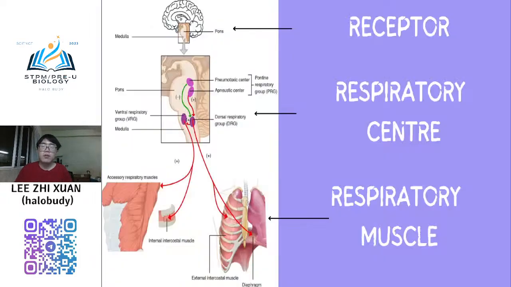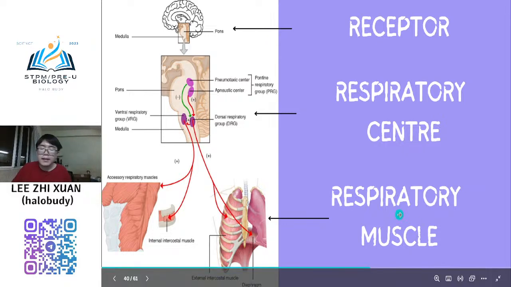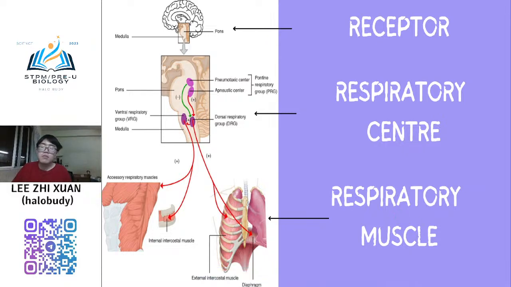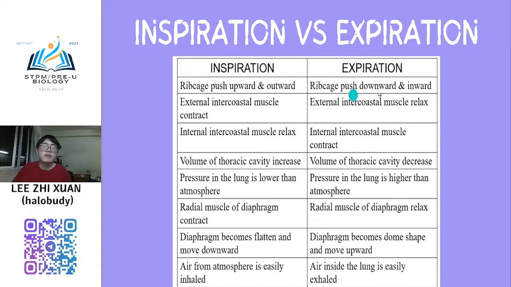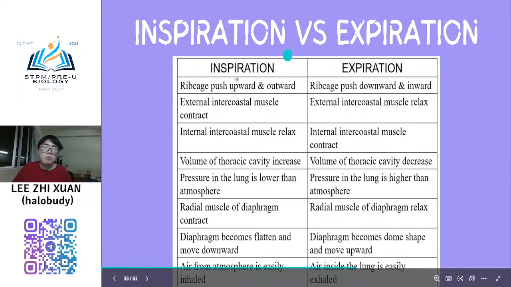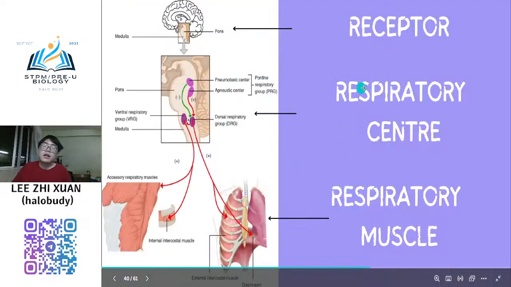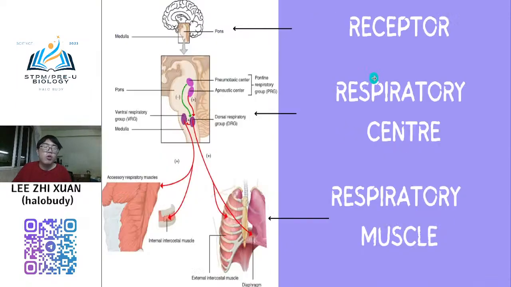So this is what we call as respiratory central lah. And then finally is the respiratory muscle which is our effector. So inilah effect dia. Up to them lah. So ini adalah semua effector dia lah. So kami akan belajar macam mana control.